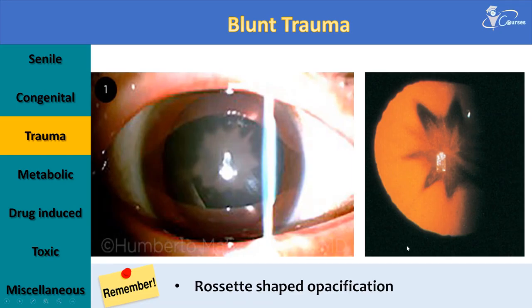It can be associated with lens dislocation and with cataract formation. So usually it will need surgery, or it will affect the vision. But in rare cases, if there is a mild contusion cataract, it can improve spontaneously, but this is not the rule.